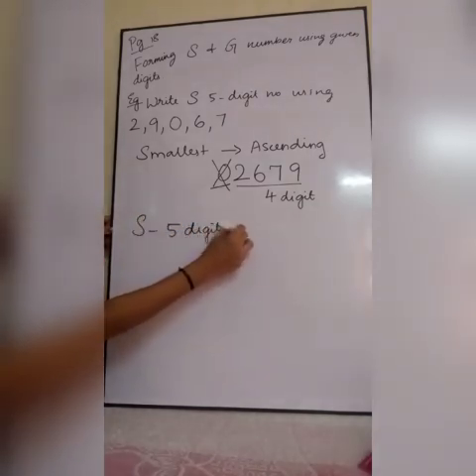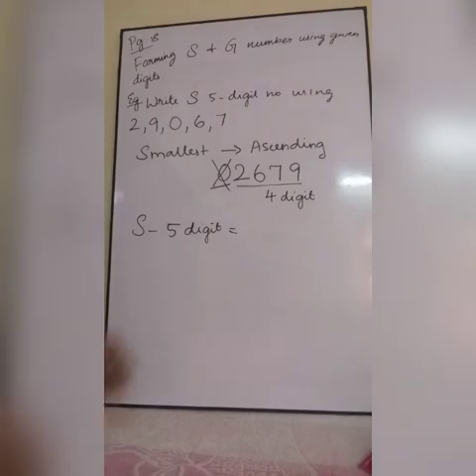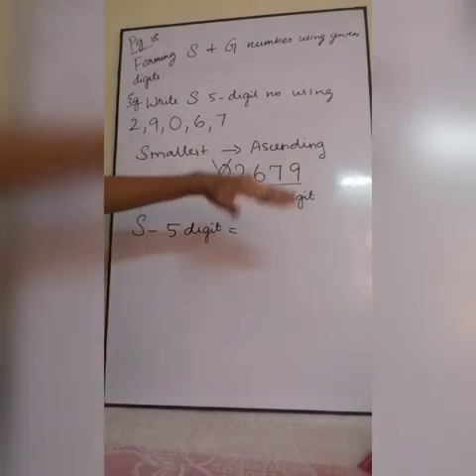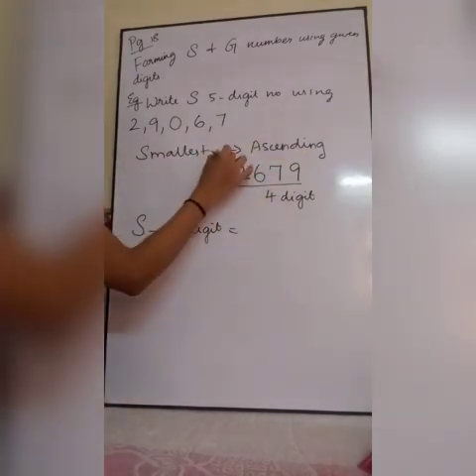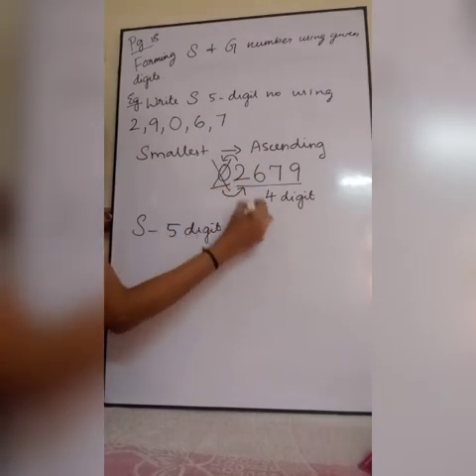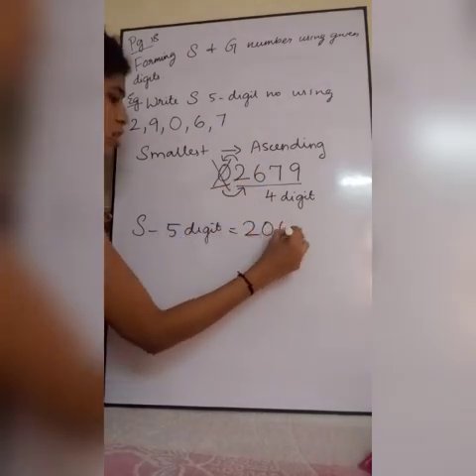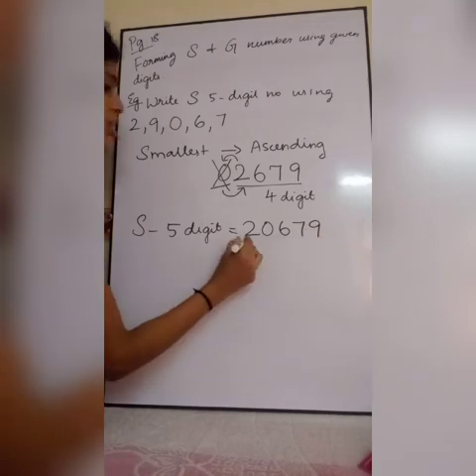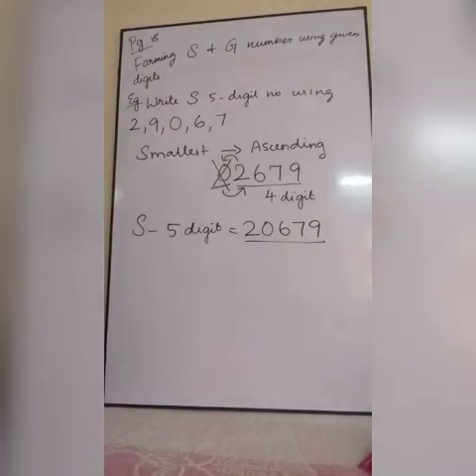So in this case, after arranging them in ascending order, you just exchange these two digits. So 2, 0, 6, 7, 9. So this has become a 5-digit number.